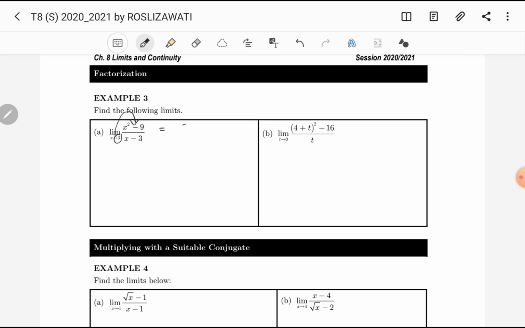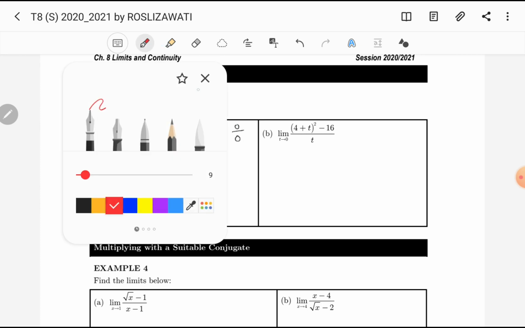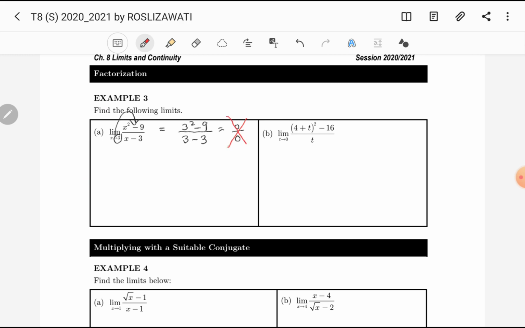So we have 3 squared minus 9 divided by 3 minus 3. So we will get 0 over 0. This is what I said earlier, undetermined. So this is an undetermined form. We don't know the answer. We can't say 0, and we can't say 0 over 0 cancels to give 1. Don't overdo it. It is undetermined.